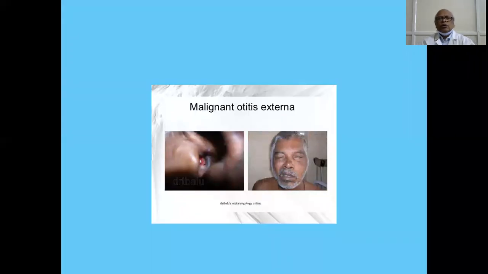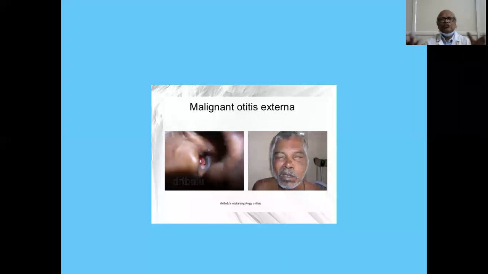This is one of the most important conditions in the external ear, that is malignant otitis externa. The word malignant otitis externa is a misnomer because it is neither malignant nor does it stop at the external ear.